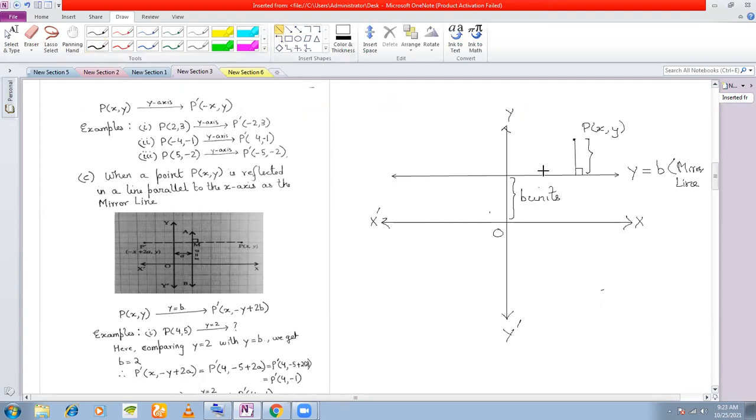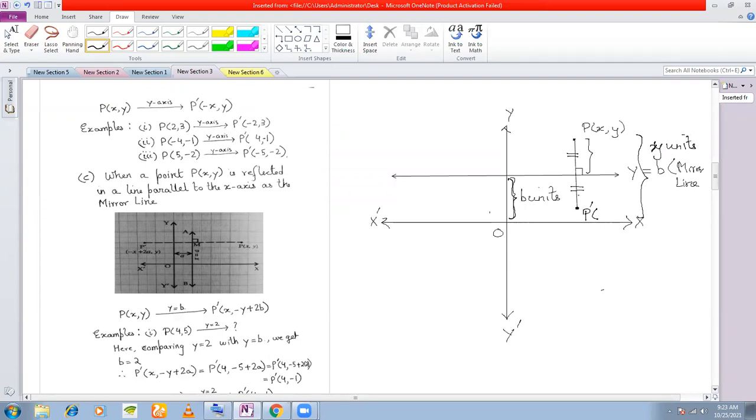And then the same distance, you will extend it here. So this length must be equal to this length. And you get a point here, P dashed. And what should be the coordinates here? You can measure the distances here. This length is b units. This entire length here is x units, y units, sorry.